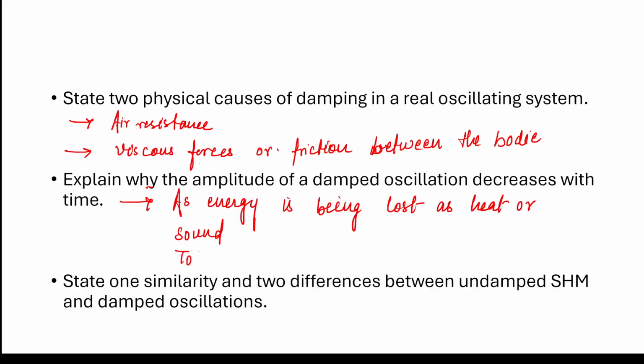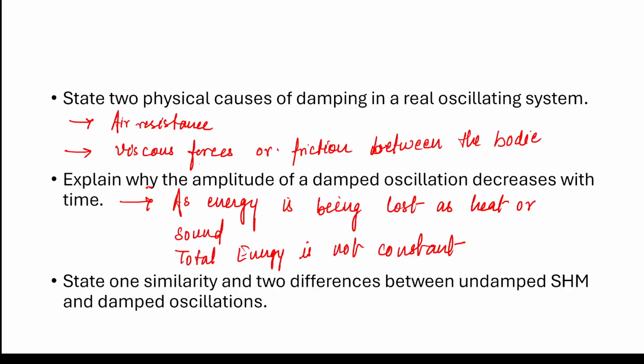So because total energy is not constant in this case, amplitude cannot remain constant. Amplitude is how high it is going to move; if it doesn't have energy, how is it going to keep moving?